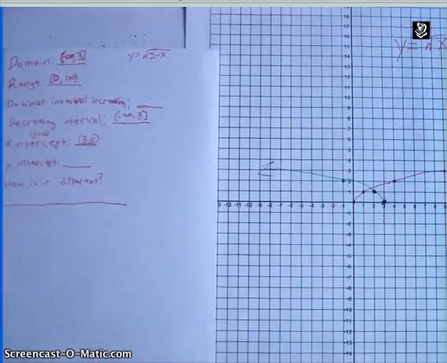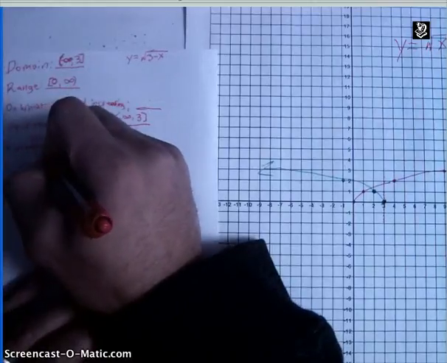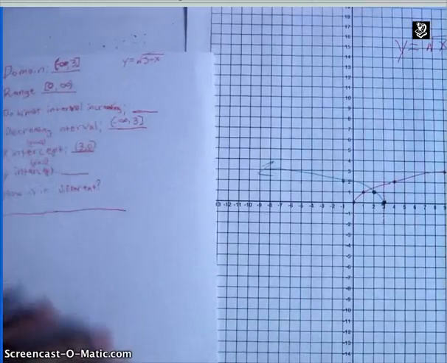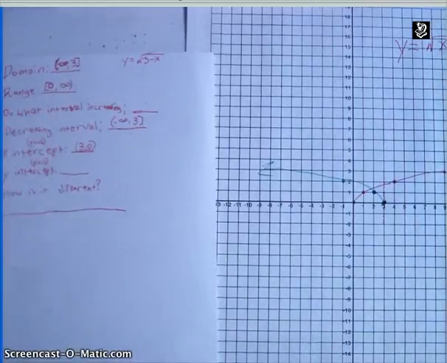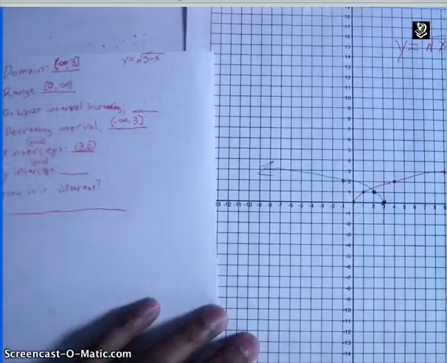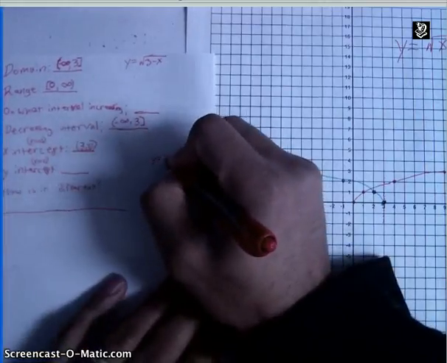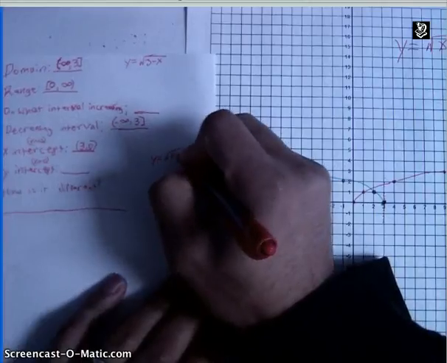Okay, the y-intercept is where x equals 0. And so that's something that we're going to have to find. It's really easy because all we've got to do is take 0 and substitute it back into our equation, which is no big deal. So you get y is equal to the square root of 3 minus 0.